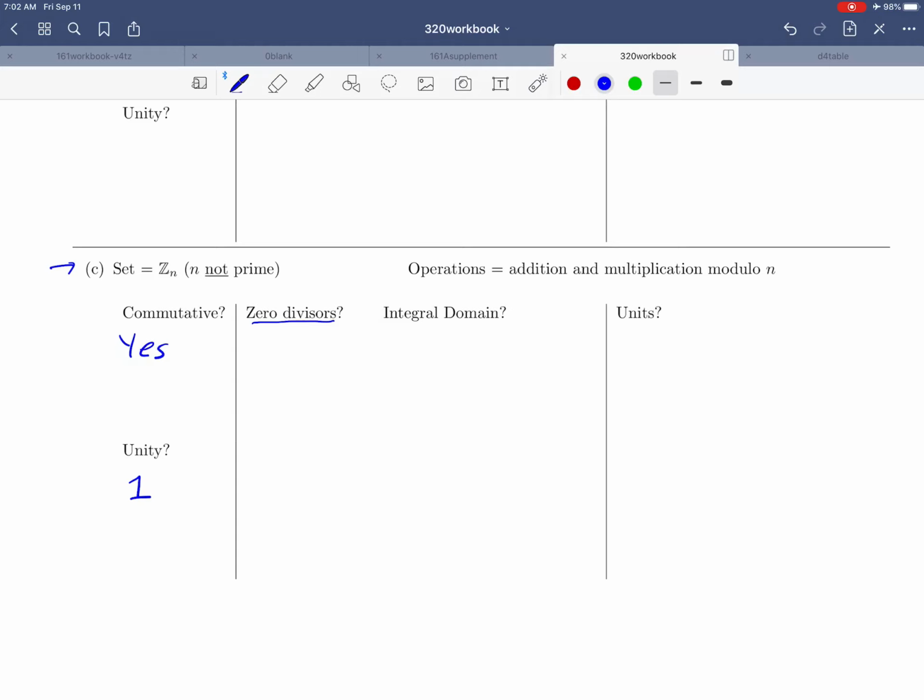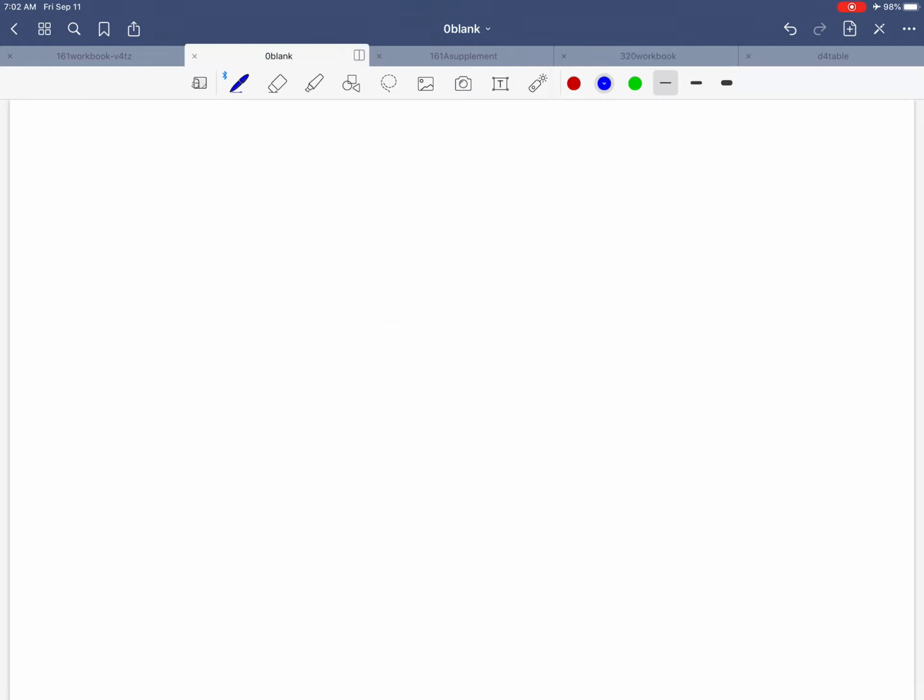Now I'd like to explore this with a couple of examples. So I'm going to flip pages on you here, just go to a blank page and we'll look at a couple of examples. Maybe starting with the number 6. Remember how we said we want n to not be prime. 6 is not prime, because we can break it down into 2 times 3.